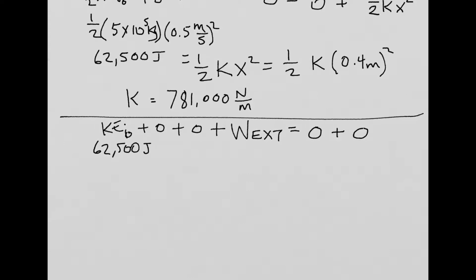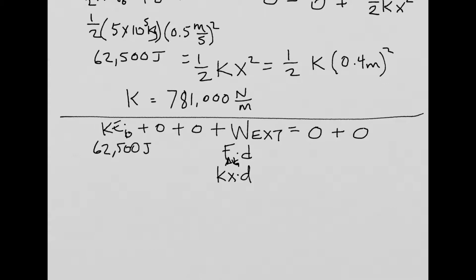We also know that external work is the force times the distance. Okay, and the distance is 0.4 meters. Now, the force of a spring is kx. And we want to make sure that we're taking the average force.